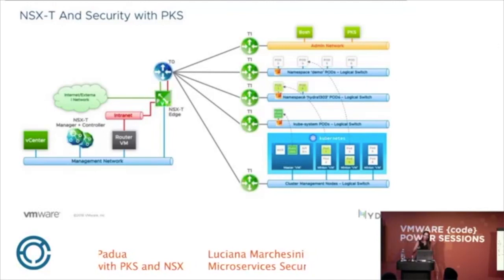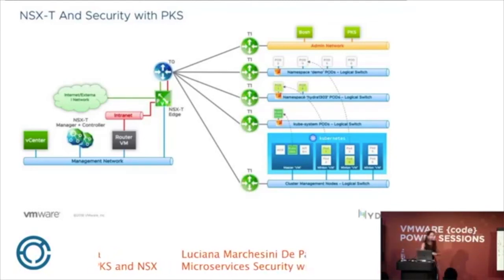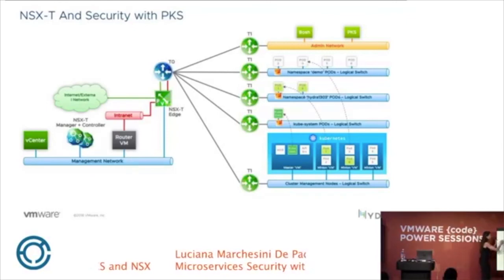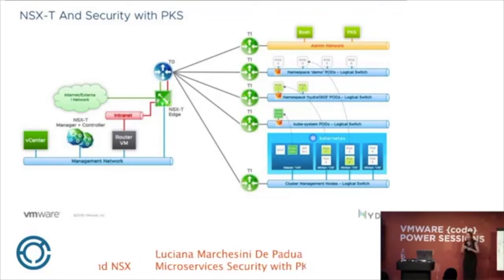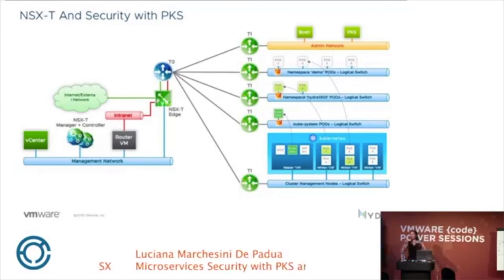Also, guys, another thing that I didn't touch on here: with PKS, we actually have a secure container registry, which is Harbor. And this is also part of my security posture, because now I have control over the files in the registry.